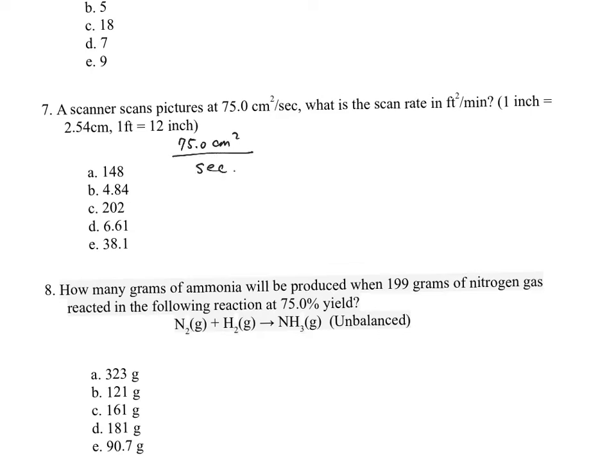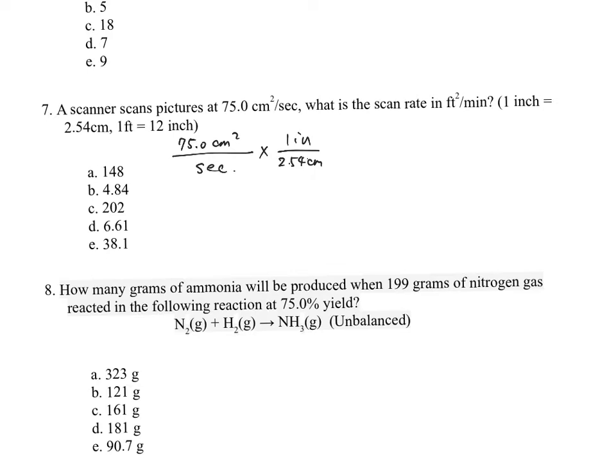I want feet squared on top and minutes on the bottom. So it's just lining up your conversion factors so things cancel. I don't need centimeters, so I'm going to take care of the centimeter first. 2.54 centimeters is 1 inch.